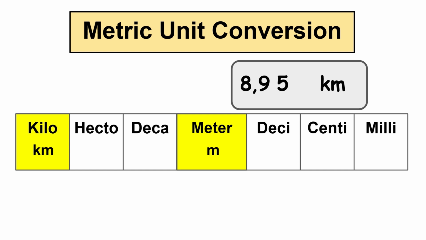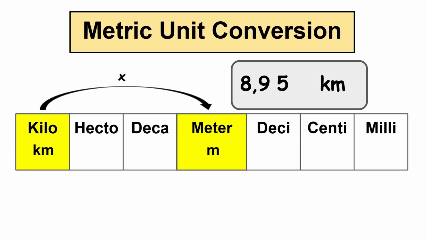Now, as you can see, meter is 3 spaces to the right of kilo, which means that meters are 1,000 times shorter than kilometers. And when you're converting a larger unit to a smaller unit, you need to multiply.